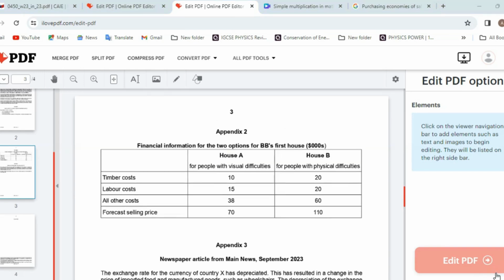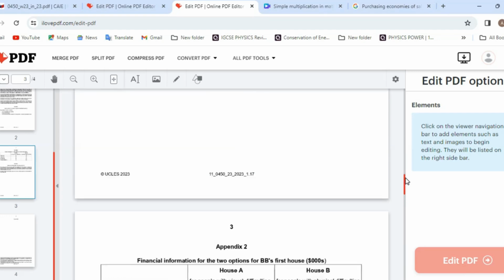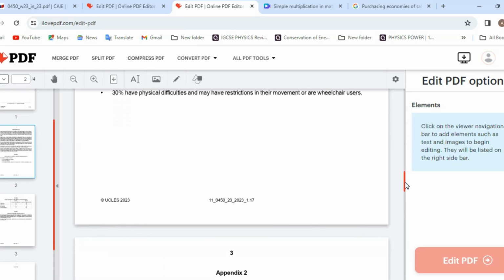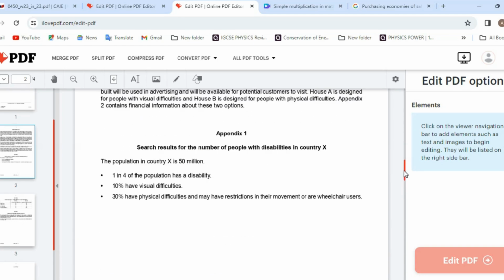Let's see. Using other information too, according to the question, of course, here we have the people that have disability, and we have 10% that have the visual difficulties, and the 30% that have the physical difficulties. Of course, fewer people have visual problem because 10% of them are with disability. That is also a disadvantage of building house A.